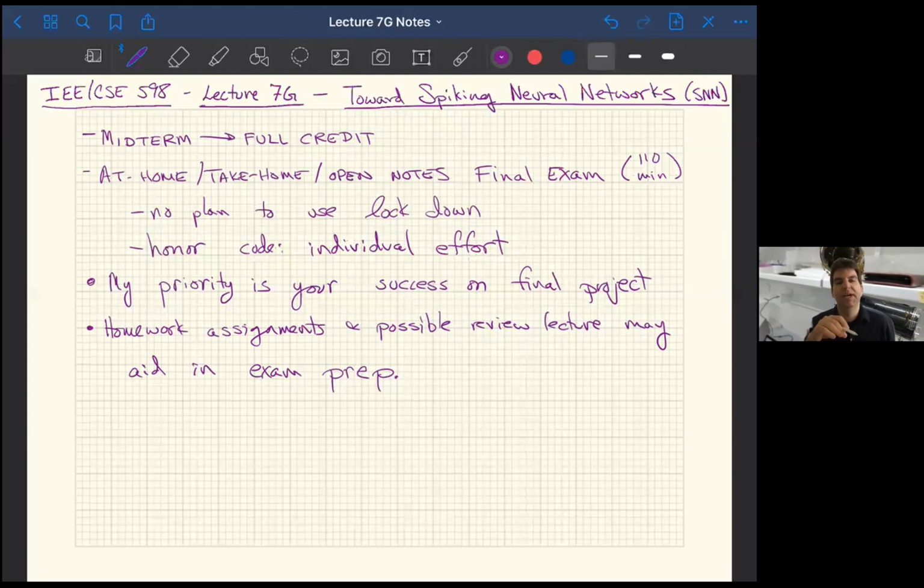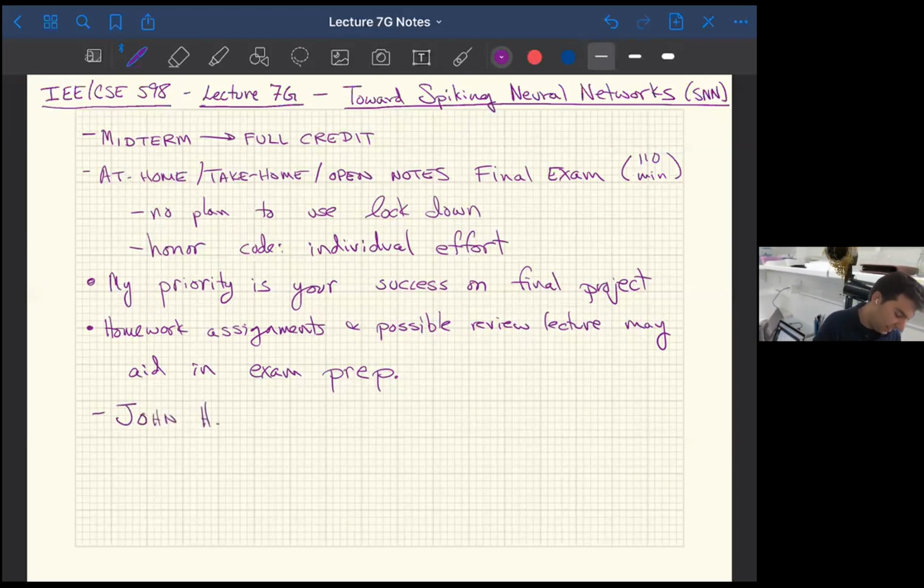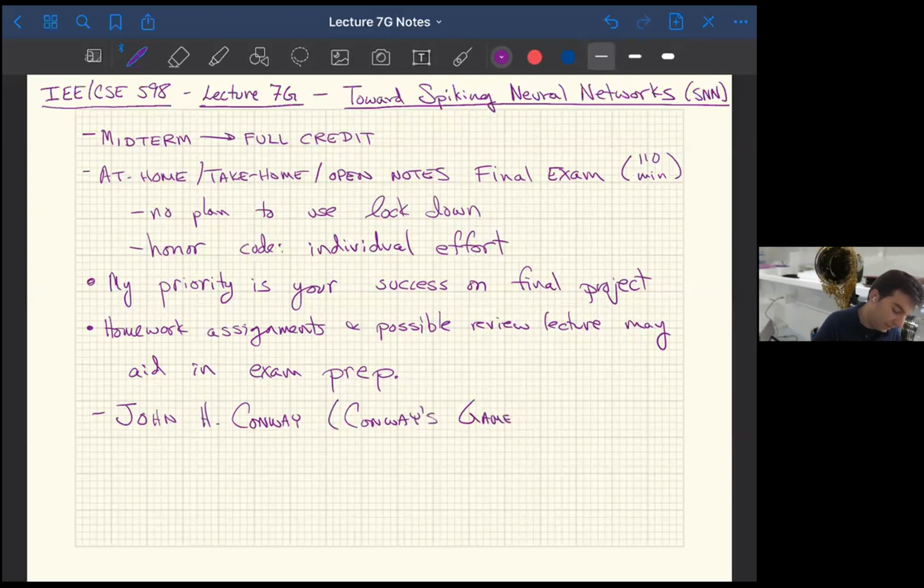And I should mention, in case I forget to mention it later, that when we get into cellular automata, one of the well-known names in cellular automata was John Conway, who, some of you may be familiar with Conway's Game of Life. And if not, we'll talk about the Game of Life when we get into it.